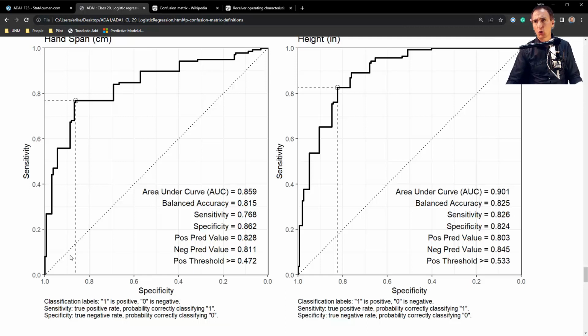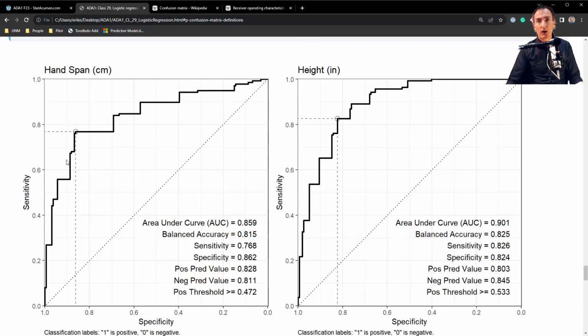Just as a quick interpretation of sensitivity and specificity between these two curves. Remember over here, we have pretty good sensitivity, 76%, and really good specificity, 86%. So we're correctly classifying females 76% and males 86%.